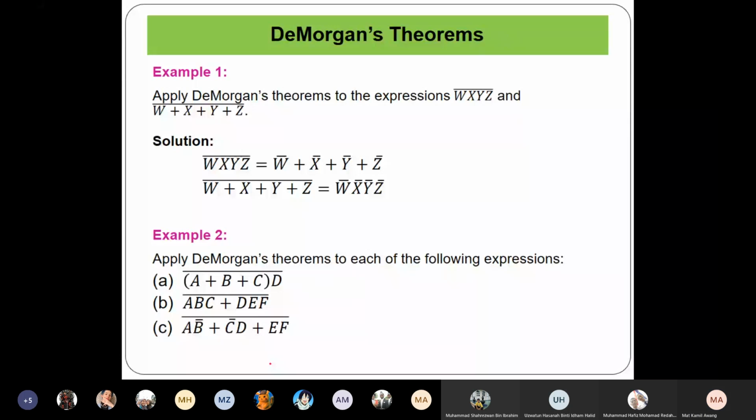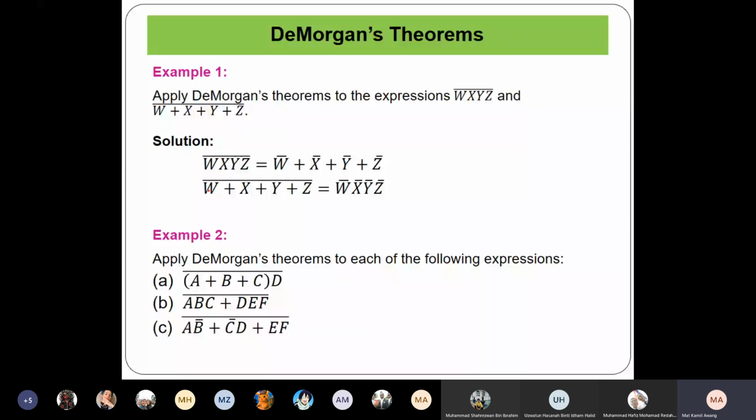Using De Morgan's theorem, remember that the complement of the product is equal to the sum of the complemented variables. So (WXYZ) bar is equal to W bar or X bar or Y bar or Z bar.